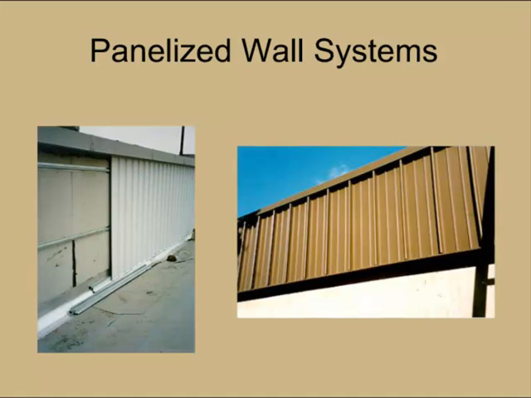The metal panel obviously is impermeable itself, but it still requires that proper drainage and flashing at the bottom be provided. You can see that in the left photo, to make sure that any moisture that gets in, whether it's from condensation or water sources that are beyond the control of the wall, coming from the roof or wherever, make sure any of that moisture can drain out of the system, not become trapped.